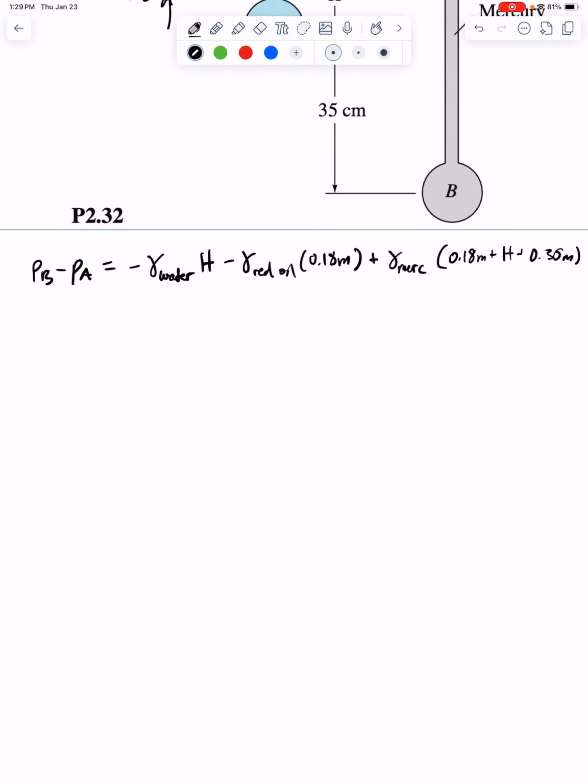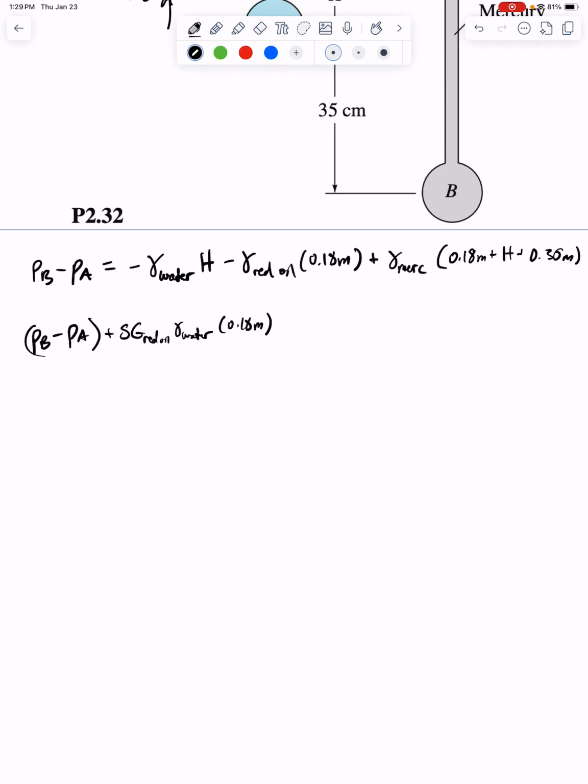Okay? Now I'm going to isolate for H. So I have my pressure difference here. I'm going to move over my red oil term, and that's going to be specific gravity of the red oil times specific weight of the water, because based on that formula I showed above, times 18 centimeters.